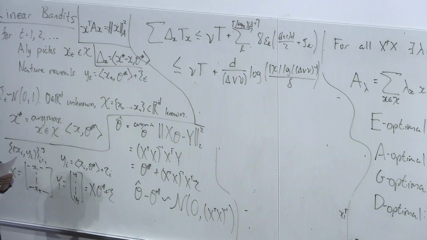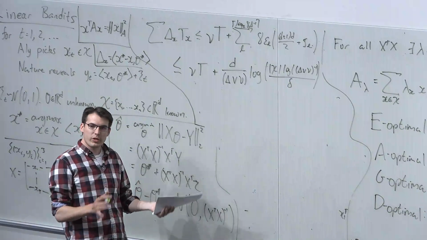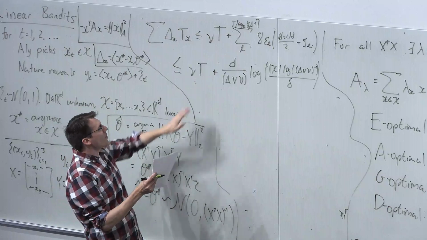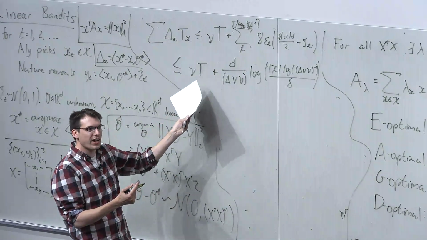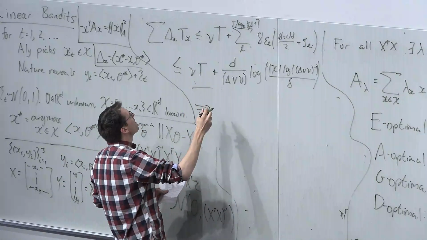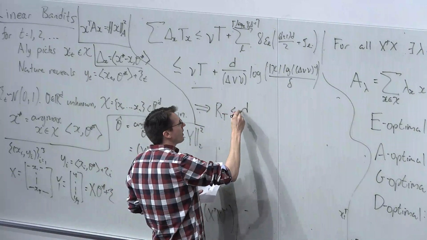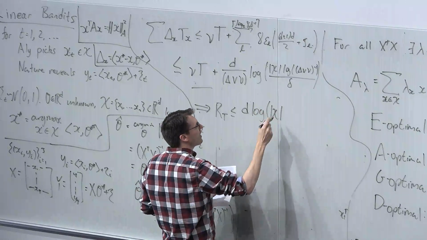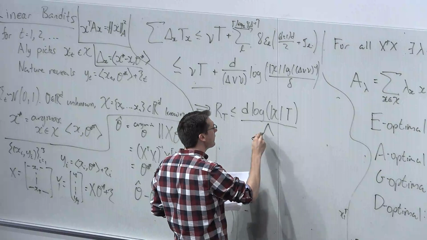Looking at this, we immediately get a regret bound by playing the exact same tricks as setting delta equal to 1 over t and by optimizing over nu. When nu is equal to 0, because this holds for any nu, just like last time, this implies that R T is less than or equal to d times log of the cardinality of the number of arms times t over delta.